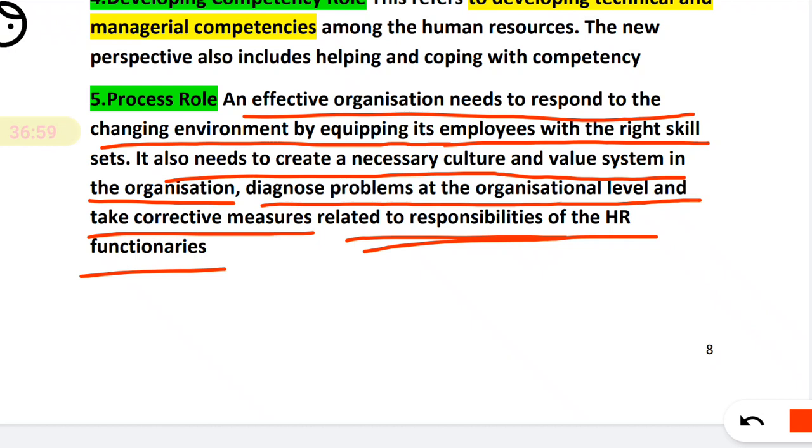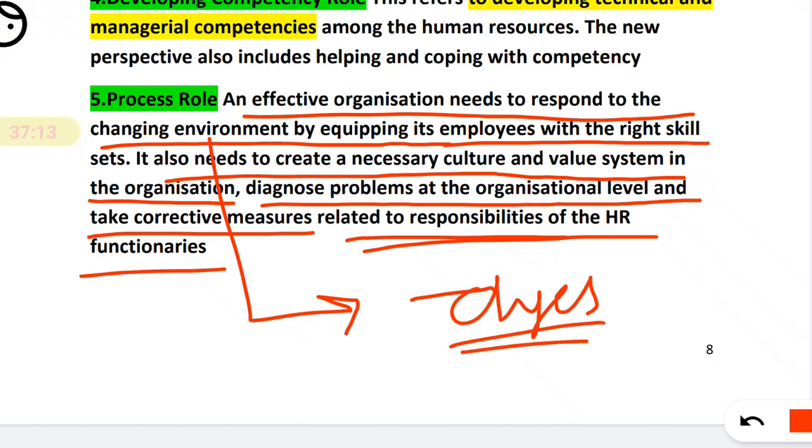Okay, so basically we all know that day to day some changes are happening, right? So HR should have developed such a system that whatever changes are going on in any industry, the HR of that company or organization should make those changes applicable to their employees also.